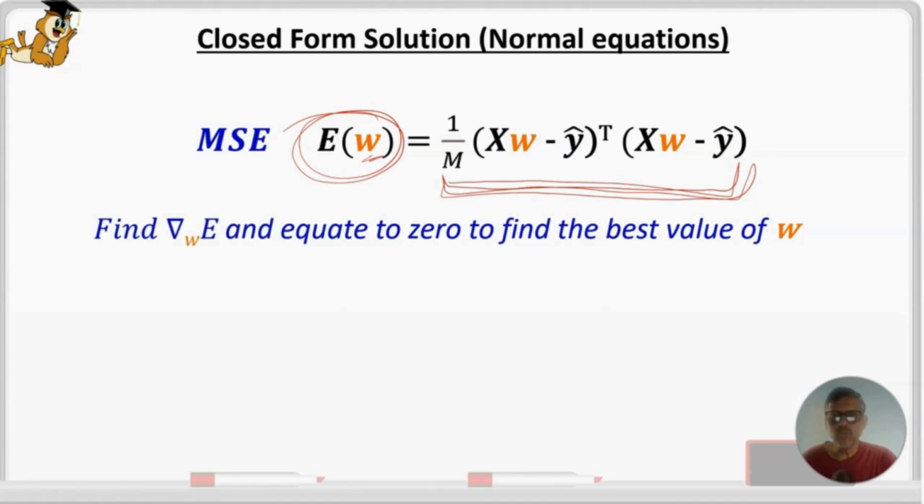And the way we are going to minimize this mean square error is to find the gradient and equate it to 0. And when we find the gradient equated to 0, that would lead us to the best values of w, or rather the best value of this vector w, right? It's an idea that we are familiar with. Compute the gradient of the function, equate it to a 0 vector, and that tells you what the best values of w are.